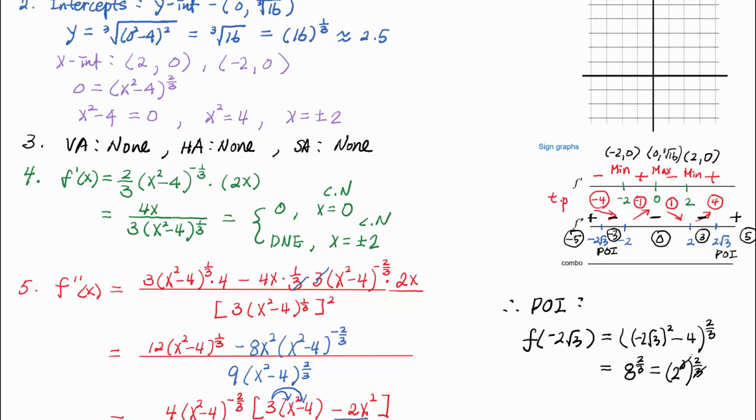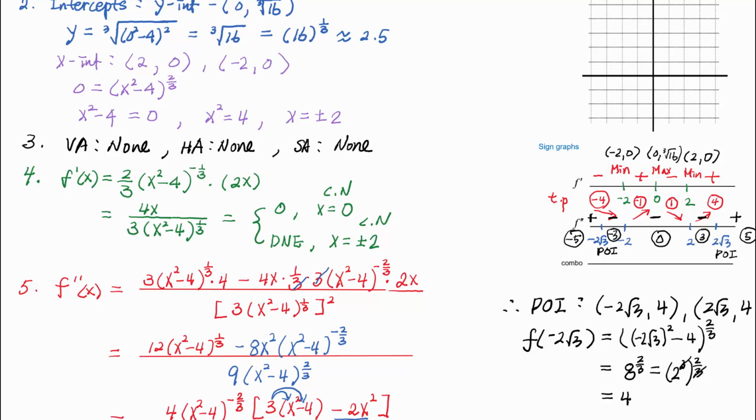The 3s cancel. I get 2 squared, which is 4. And with my function, whether I square -2 radical 3 or +2 radical 3, I'm going to get the same y value. So my points of inflection are -2 radical 3, 4, and positive 2 radical 3 comma 4.